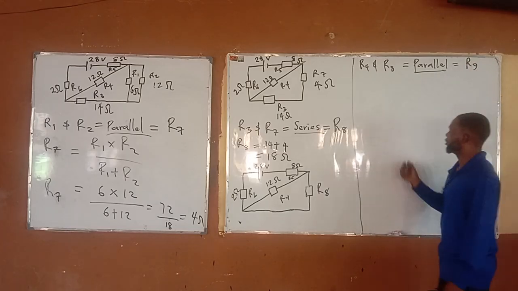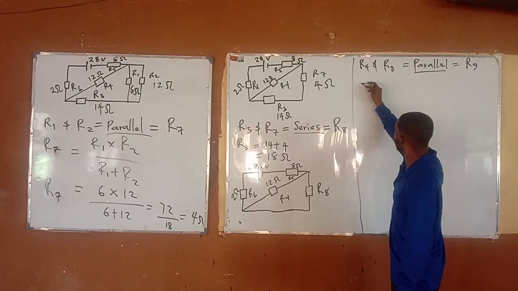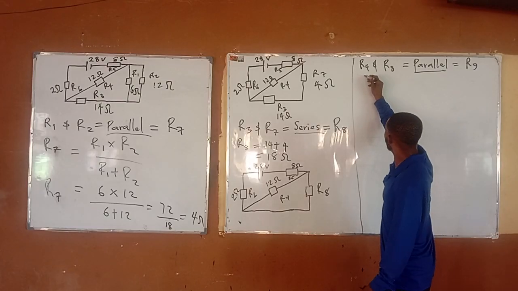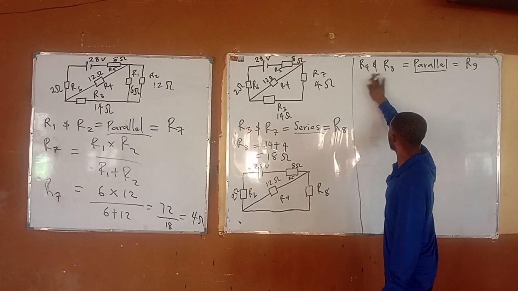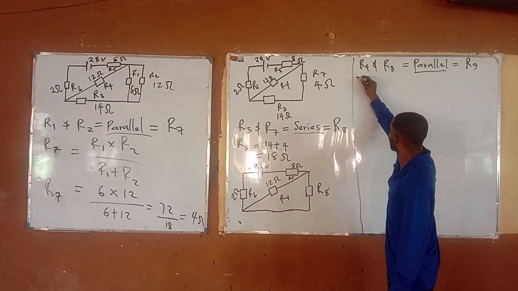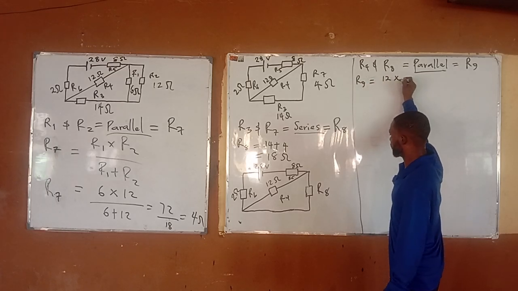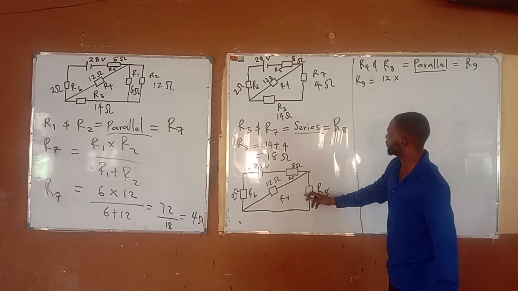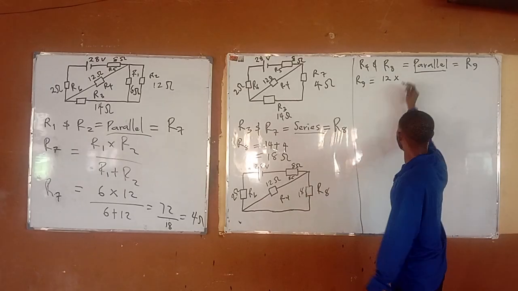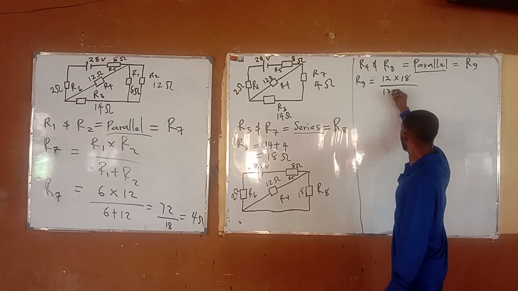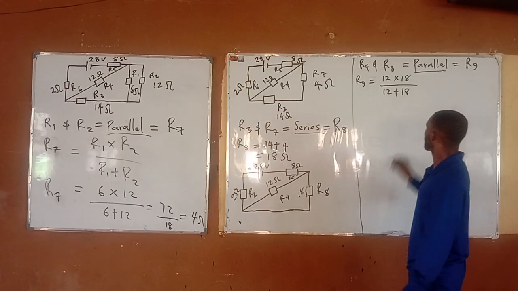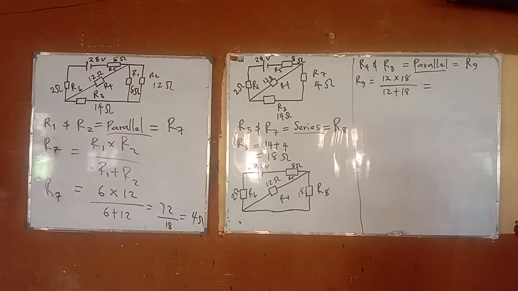R9. Since it's in parallel, instead of 1 over, I will use our principle, which is R9 equals 12 times what's in R8? Should be 18. 12 times 18, all over 12 plus 18, equals, punch for me.